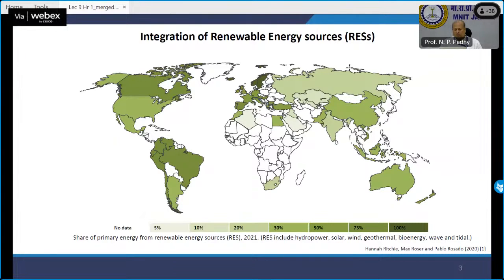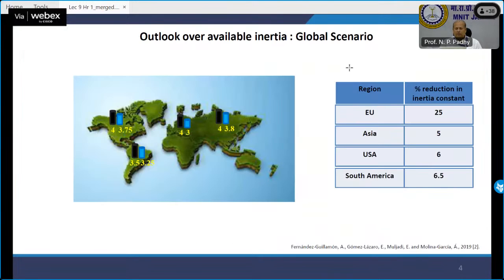We are almost in between 20 to 30% of renewable integration. Am I right? So if you see North America is quite almost up to 30 to 50% of integration. Even I could see China and Australia, they are also around 40 to 50% range. So very good. So we are also not very far away. That's what I wanted to highlight.